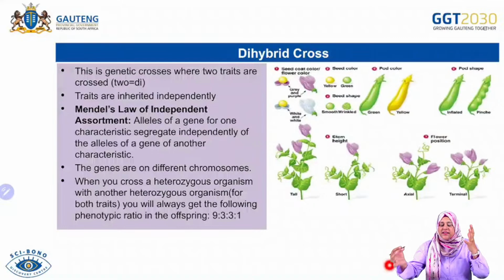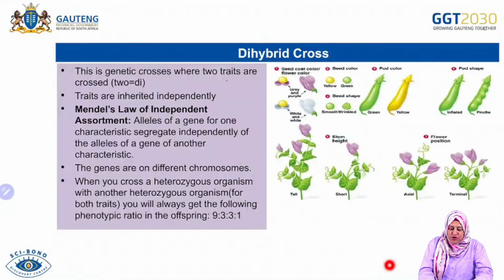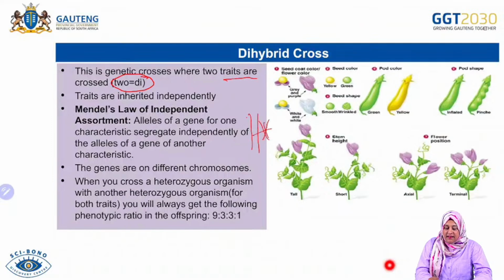So two different characteristics. Two traits are crossed, and the word di should tell you dihybrid. The law that we look at for this is Mendel's law of independent assortment, and you need to read this and understand that law. And remember, the genes for these are on different chromosomes.